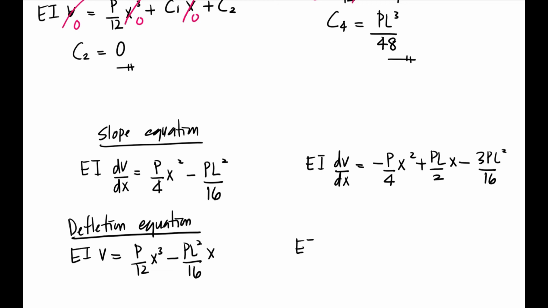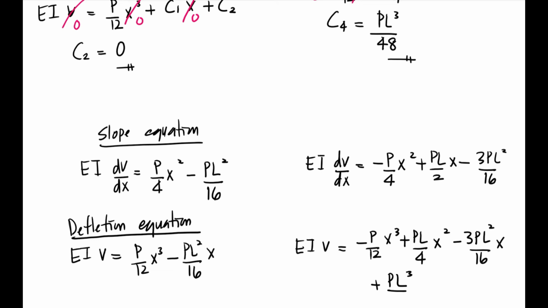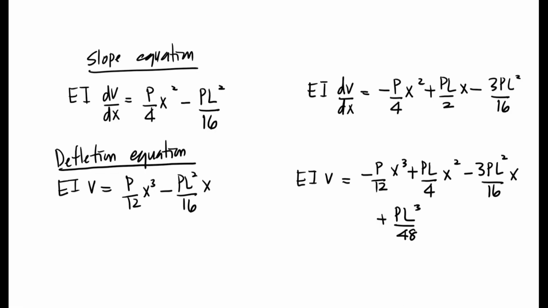And the other one is EI v equal to negative P over 12 x to the power of 3 plus PL over 4 x to the power of 2 minus C3 x, and C4, which is plus PL cubed over 48. Now you have two slope equations and two deflection equations.